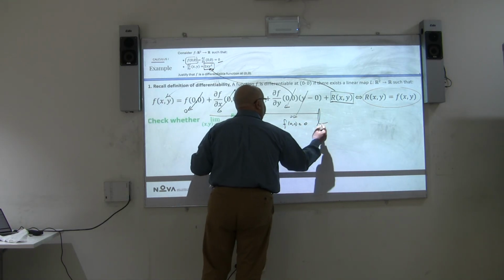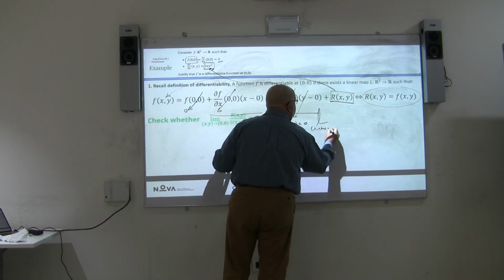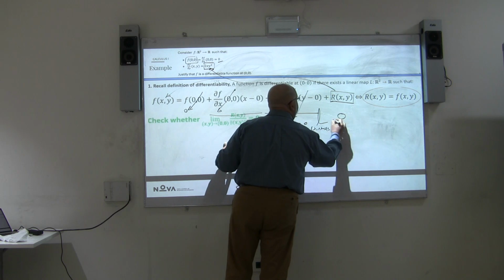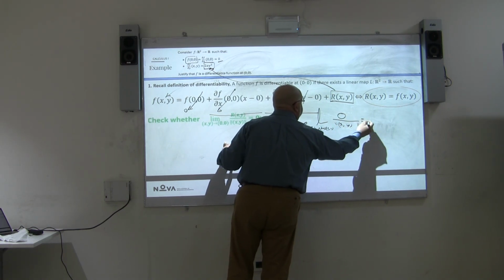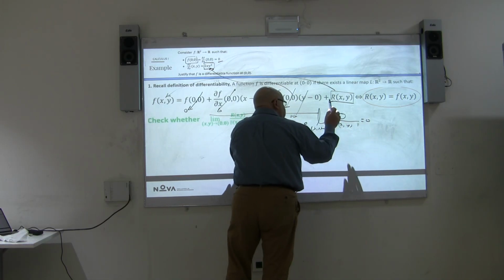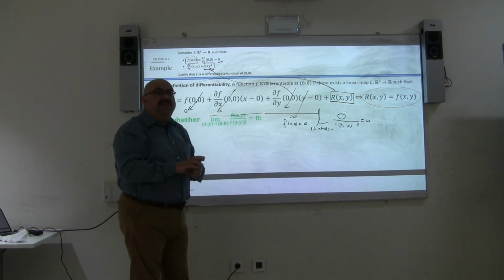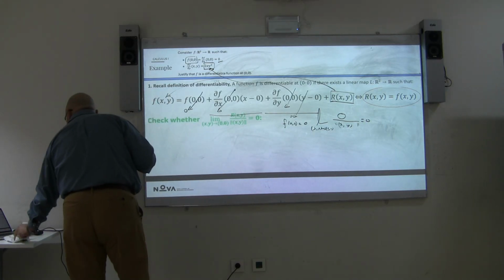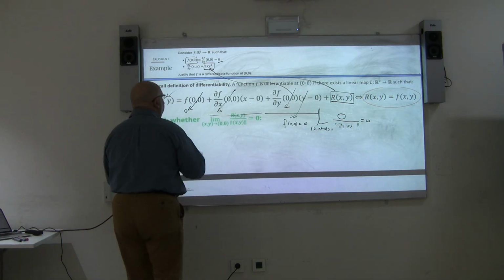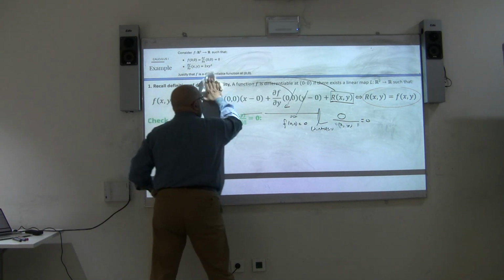So the limit as x and y tend to the origin will be 0 over the norm of x and y, which means 0. The limit is equal to 0, which means the function is differentiable. That's the theory that we are working on. You have to review these parts, and as I told you, you will feel it is direct. There is no problem with it whatsoever.